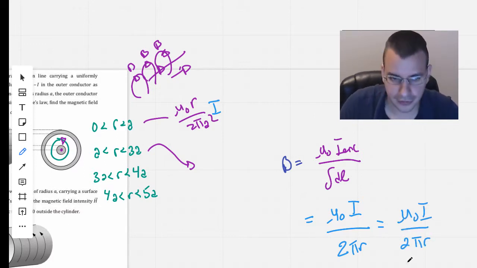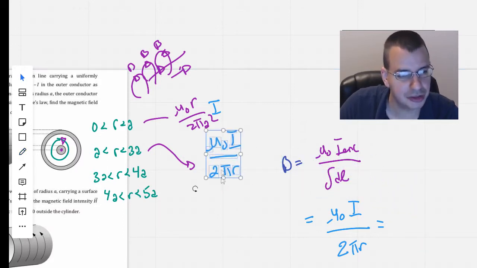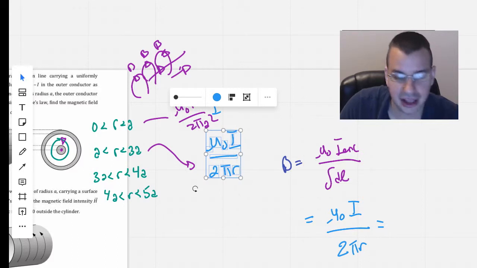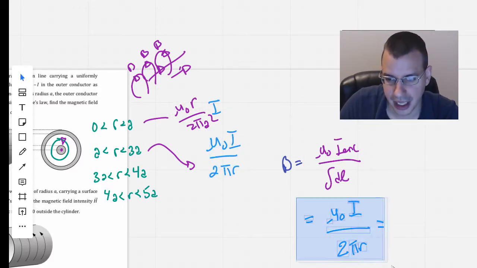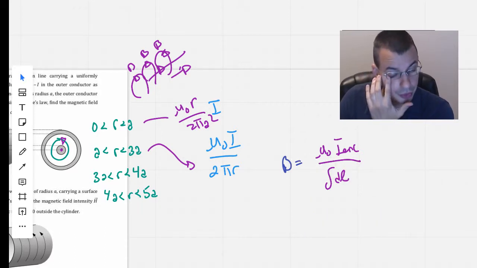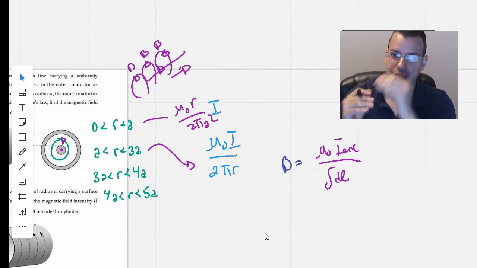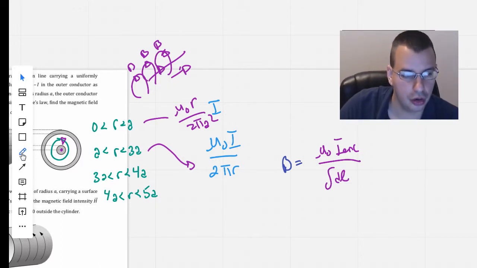So our answer for this one, where the radius is between a and 3a, we just get mu naught I over 2 pi r. And the magnetic field will decrease as 1 over r now, because as we're getting bigger, we're not picking up more enclosed current.